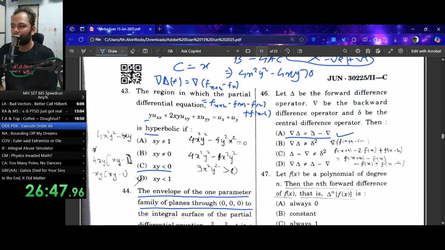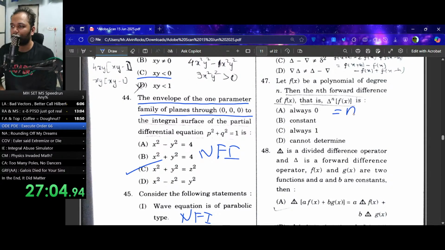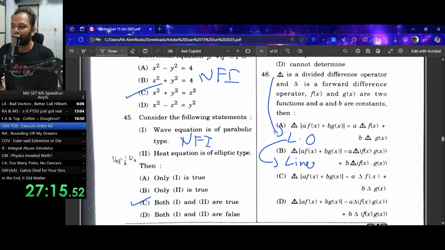Now if you see the RHS over f, that is going to be f(x+h) minus f(x), yes, f(x) minus f(x-h), so therefore it is true. Yeah, this is equal to n factorial, so constant. I think this is a linear operator, so therefore it will satisfy linearity. Therefore I'm getting option A.